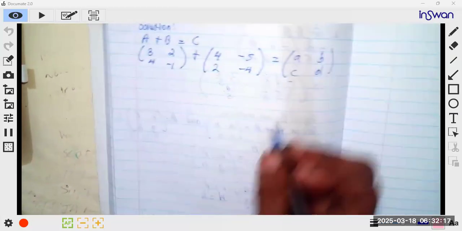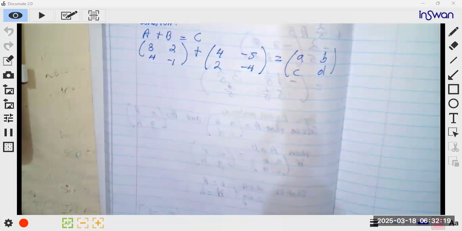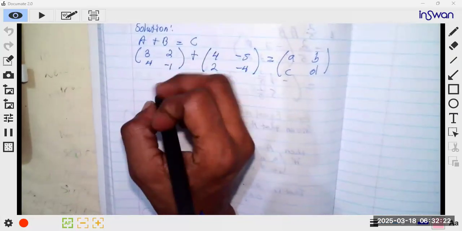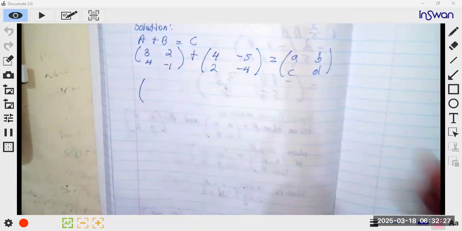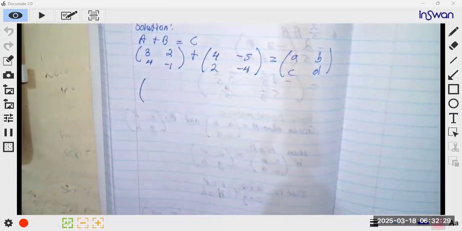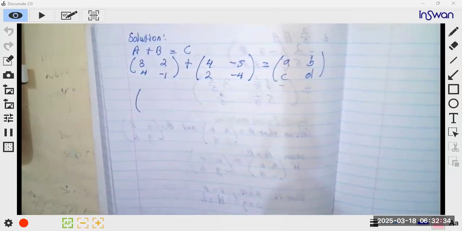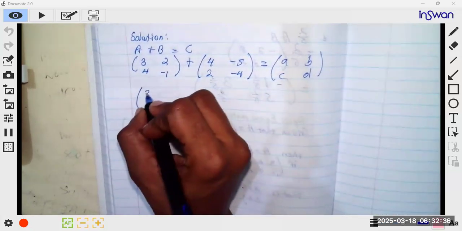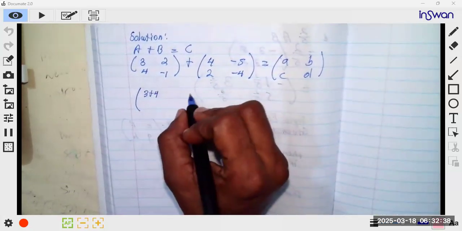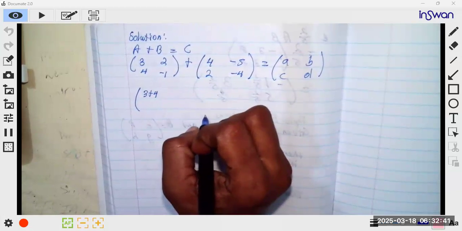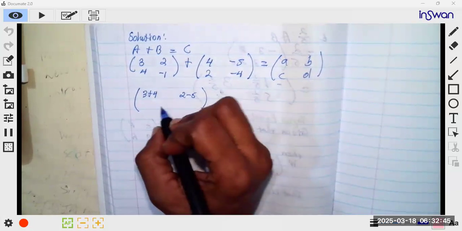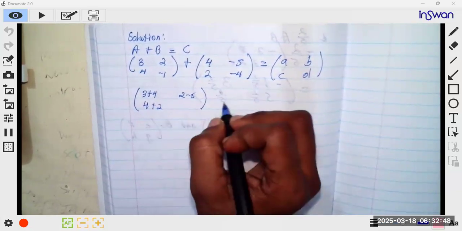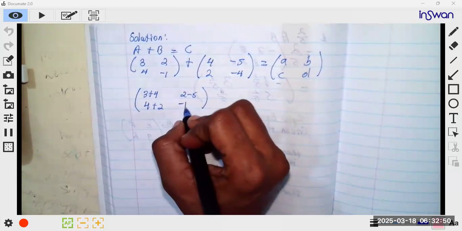So let's work. What we need to do is add up the values. So you all know how to add it, right? So Nikki, tell me what to write. Three plus 4, yeah, next one, 2 minus 5, yep, next one, 4 plus 2, and last one, minus 1 minus 4.